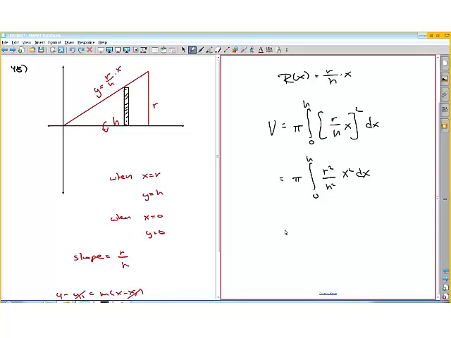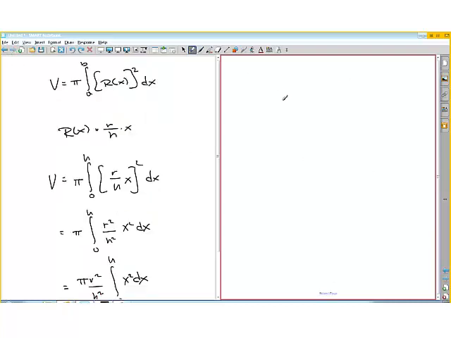Well, r and h are constants for a given right circular cone, so we can bring those out. So we'll have pi r squared over h squared times the integral from 0 to h of x squared dx.